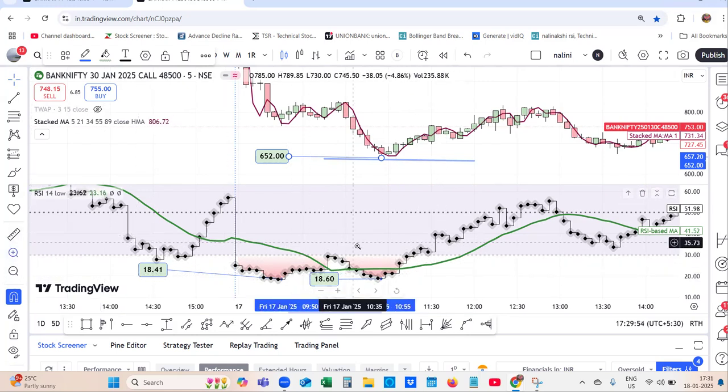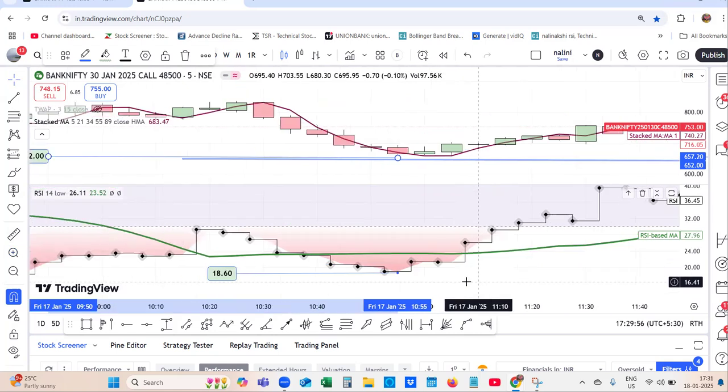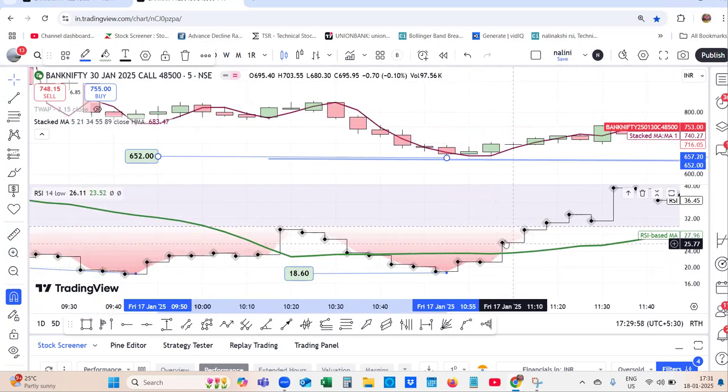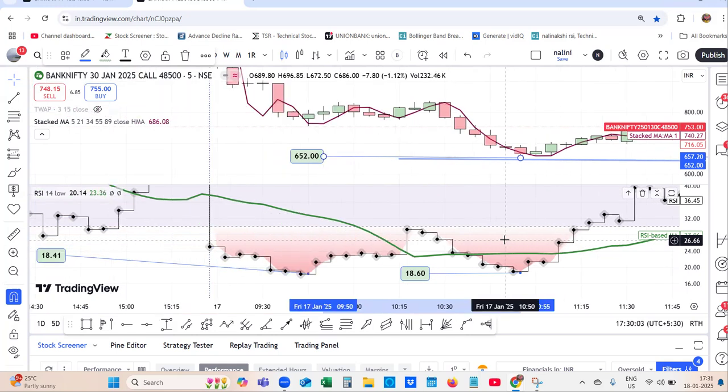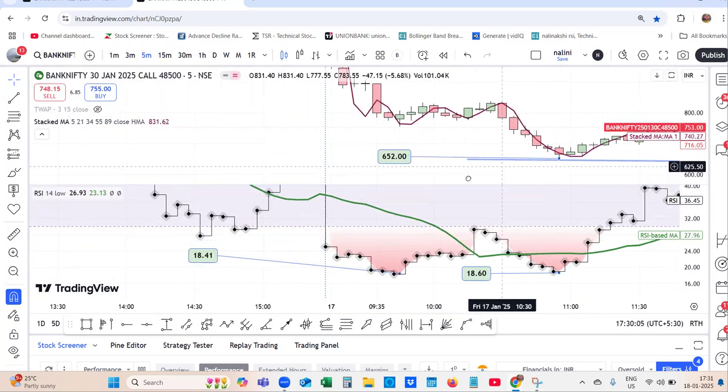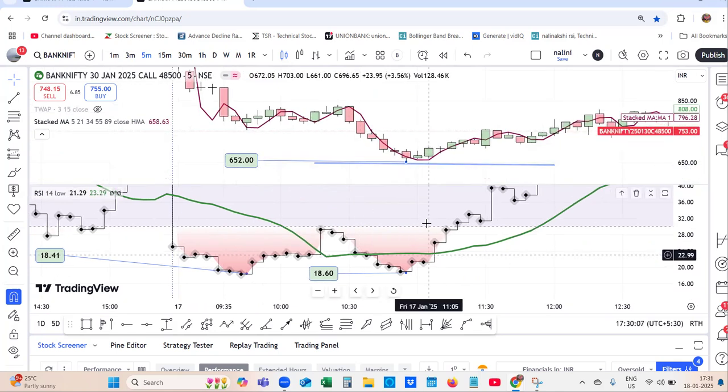In the step line, you can see shift in the momentum. You can see how swiftly the RSI is crossing above its moving average. Correspondingly, you can see a bullish candle.